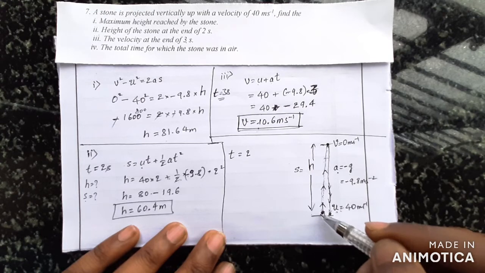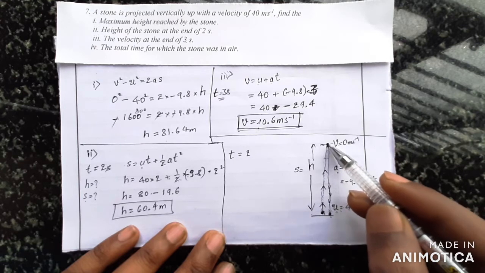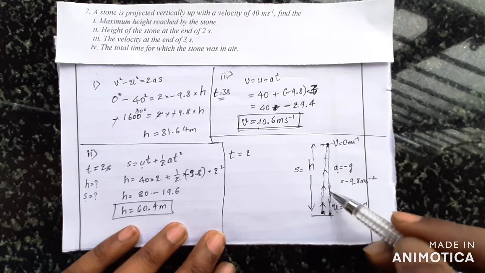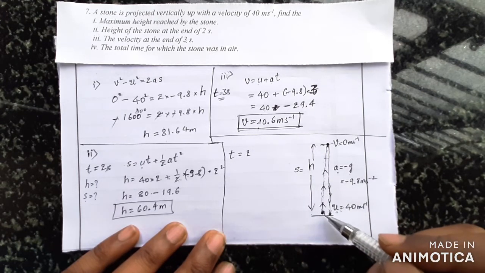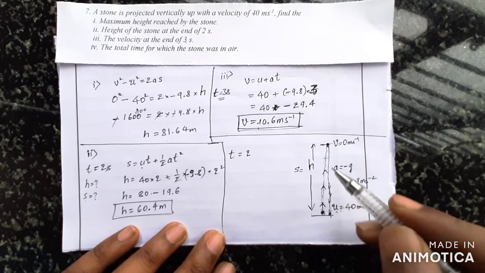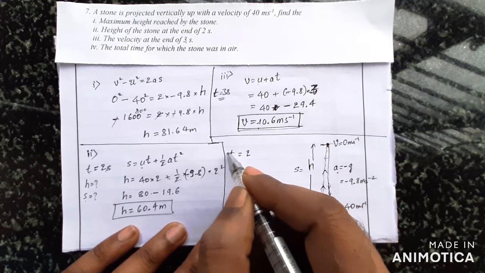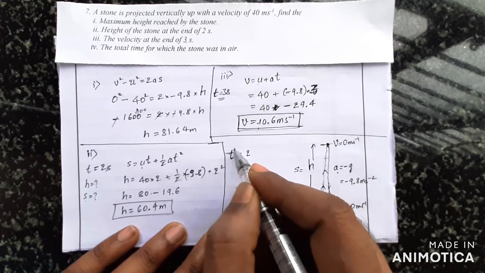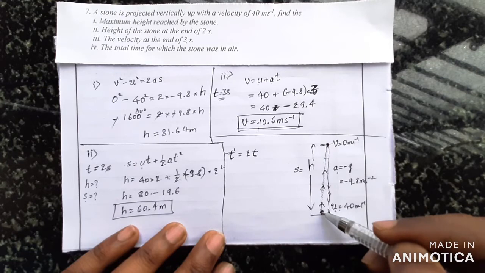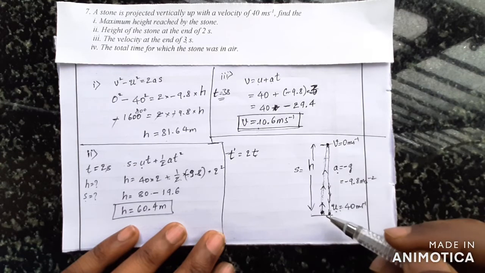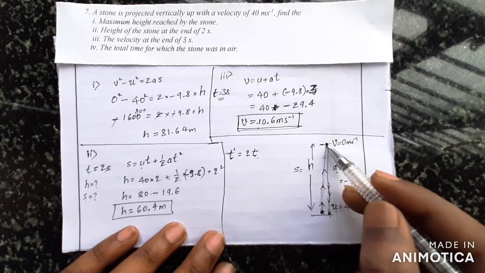Now the time taken to move from bottom to top is equal to the time taken to move from top to bottom, and hence the total time taken is equal to 2 times the time taken by the body to reach from bottom to the top, which shall be taken as, okay, let me take the total time taken as t dash. So t dash is equal to 2 times t. What is t? t is not the total time taken. t is the time taken by the body to go from bottom to the top.